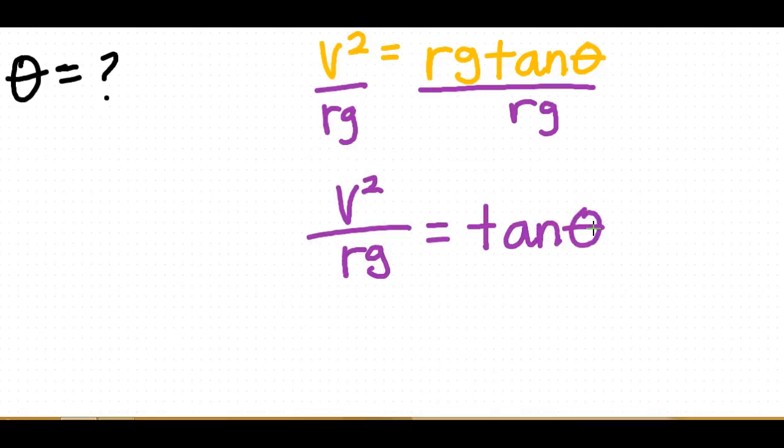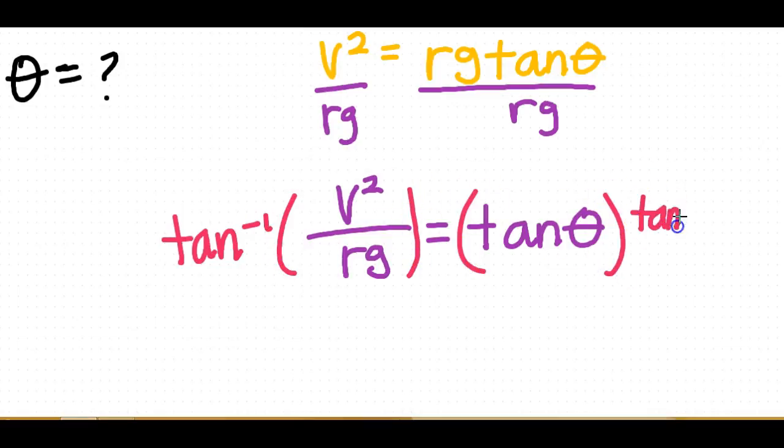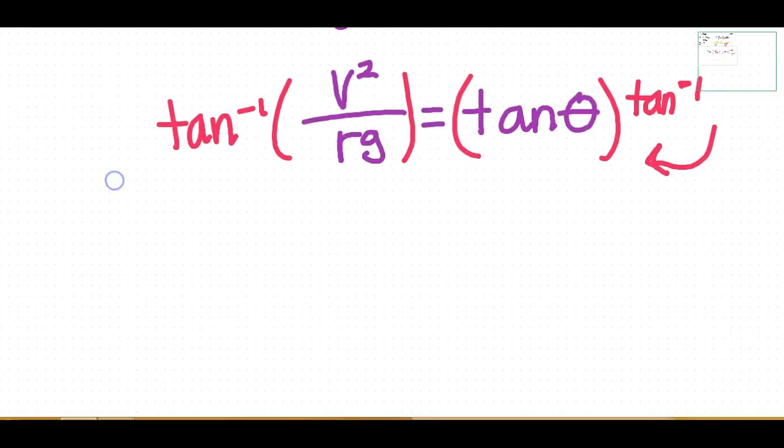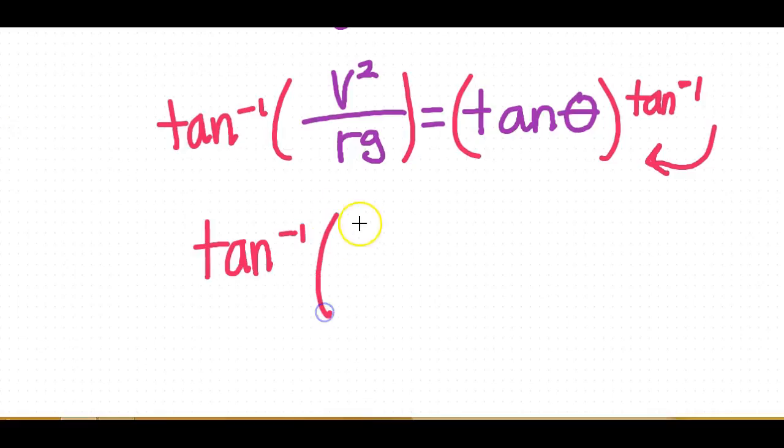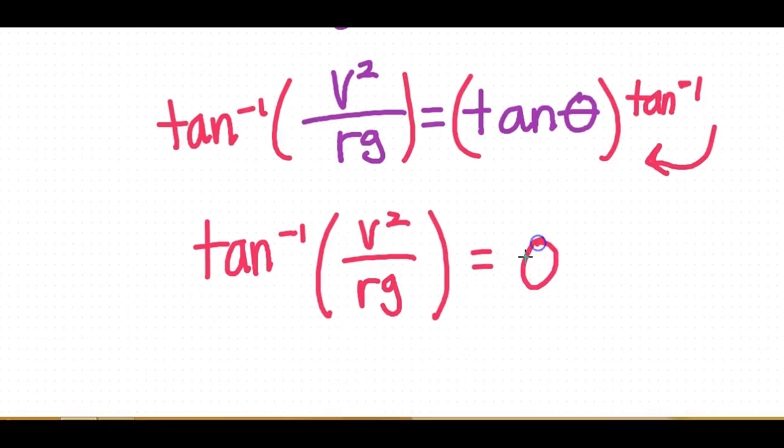Then to get theta by itself, we take the inverse tangent of both sides. So the final equation to find the angle is tan inverse of V squared over RG, and that gives us our theta.